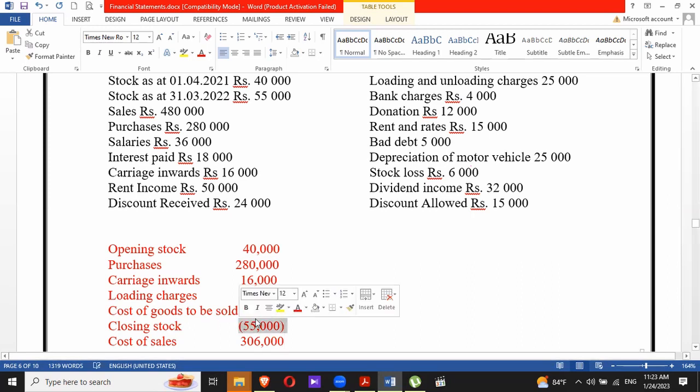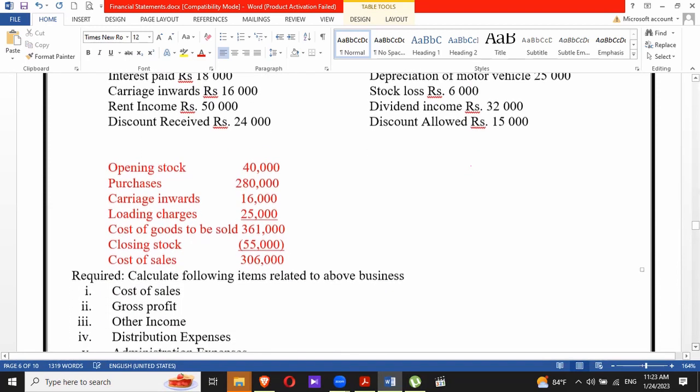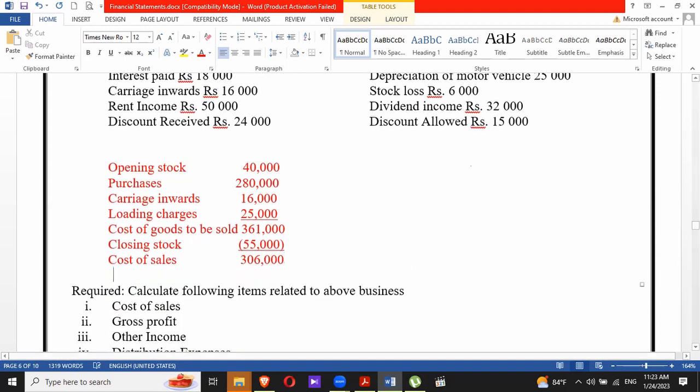Now we have calculated the answer for the first term, cost of sales. Then the second part we can easily do, that is gross profit.